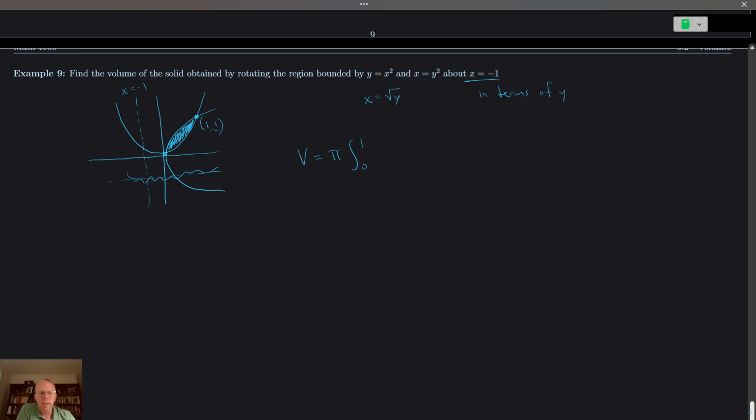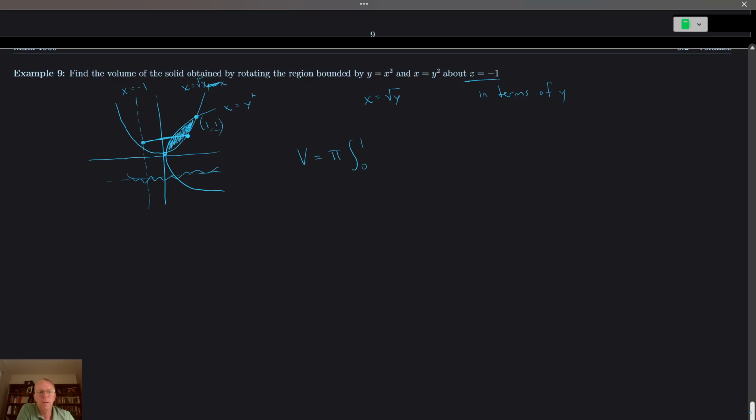What is the cross section from -1 up to? So, let's write it the way it is: x equals square root y, and then this one is x equals y squared. All right, so we are going from -1 up to square root y. So that distance is square root y plus 1.